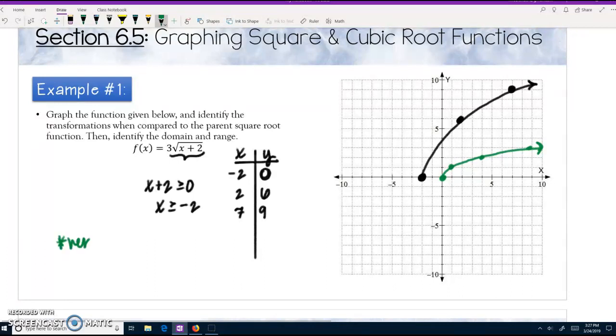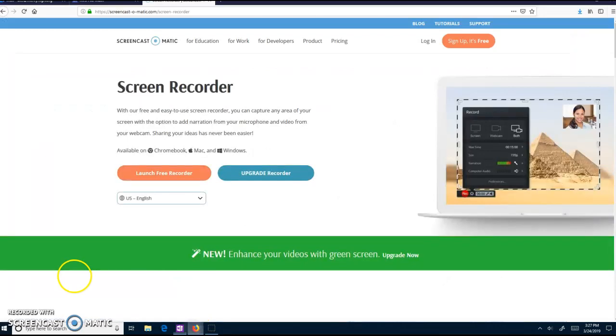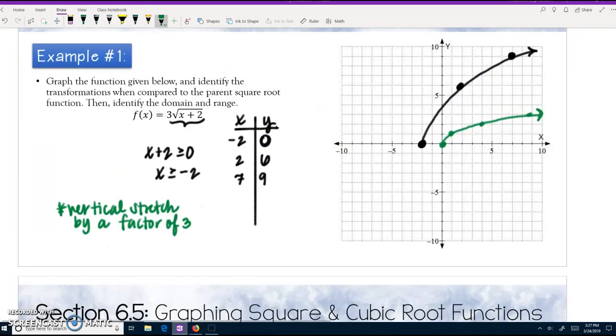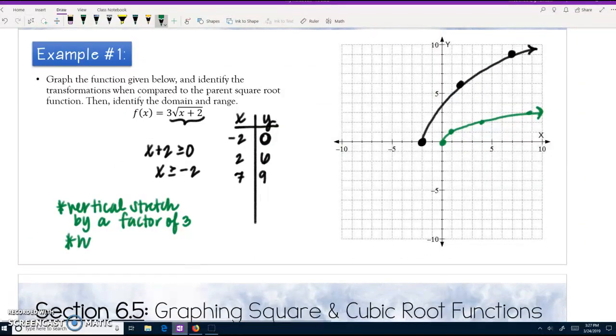What we have that's different is that there's a vertical stretch, and that comes from the 3 out in front. So we can say by a factor of 3. So the values that we plug in are going to be amplified, meaning the graph is going to get bigger faster. And then we also have a horizontal shift to the left. And that comes from the plus 2 inside.